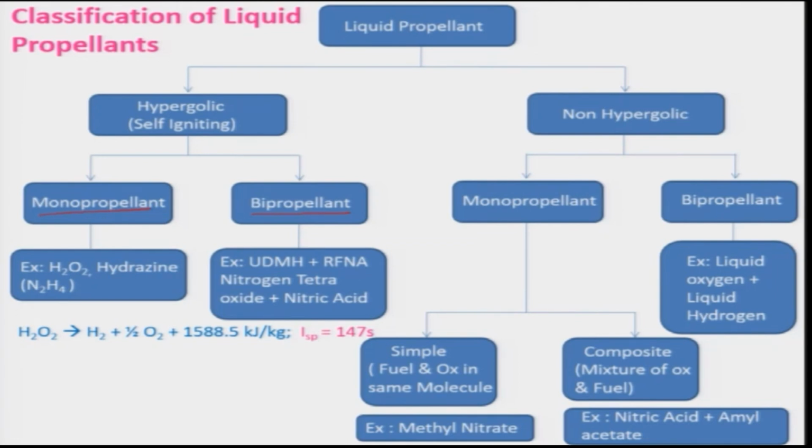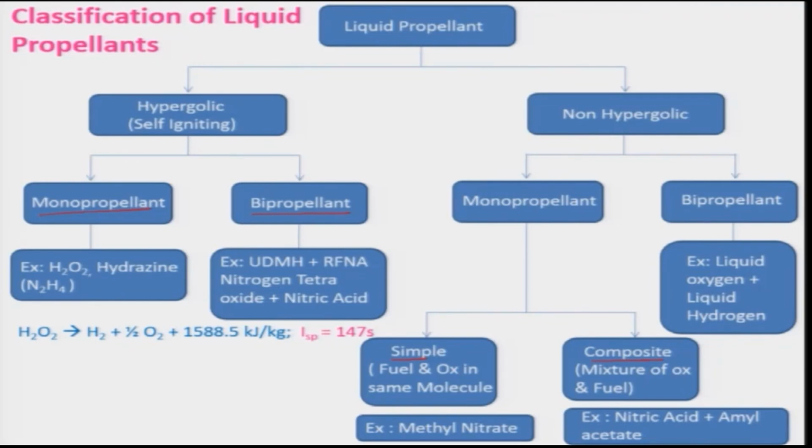And the non-hypergolic monopropellant can be further divided into simple and composite propellant. A simple propellant is one which contains both the fuel and oxidizer in the same molecule. If you recall, the double base solid propellant also contains the fuel and oxidizer in the same molecule.